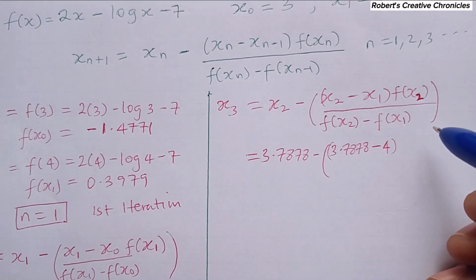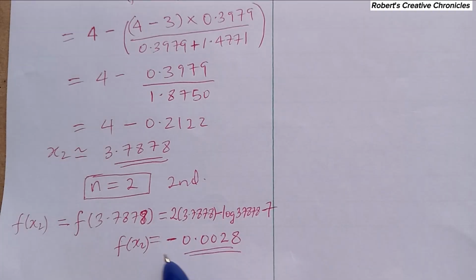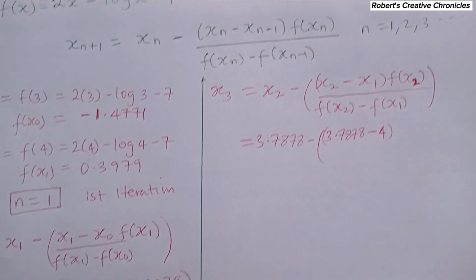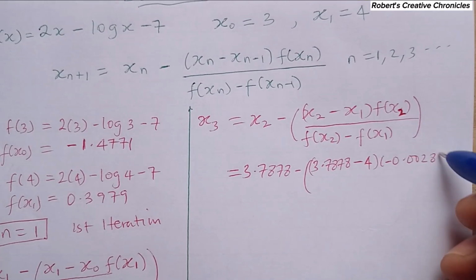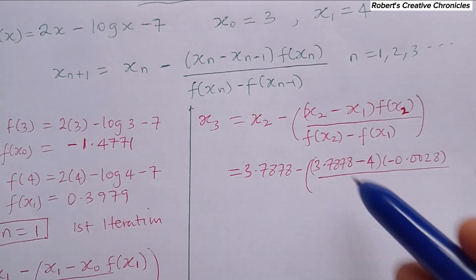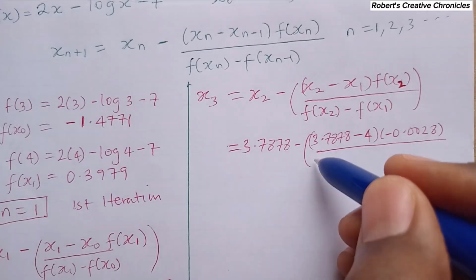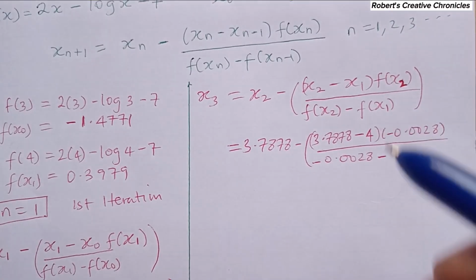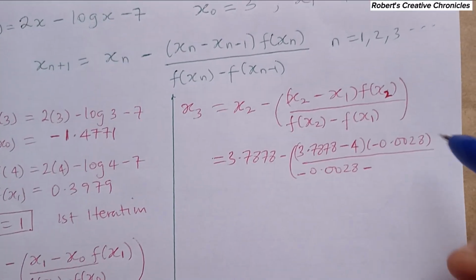Then fx2, the function of x2, is minus 0.0028, divided by the function of x2, which is the same thing. Then fx1 is 0.3979.